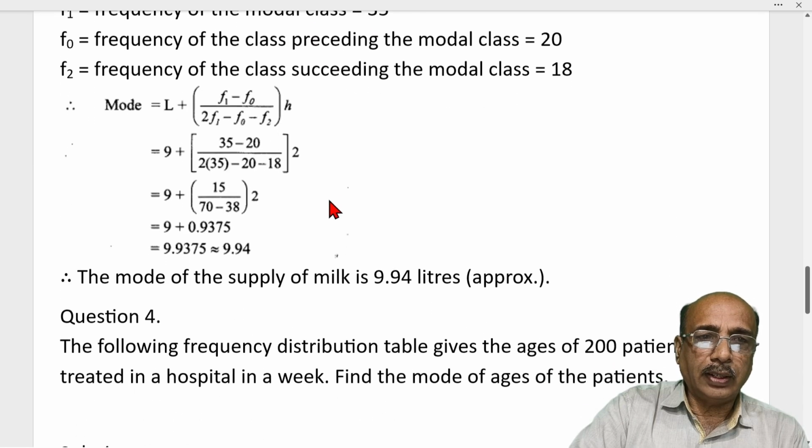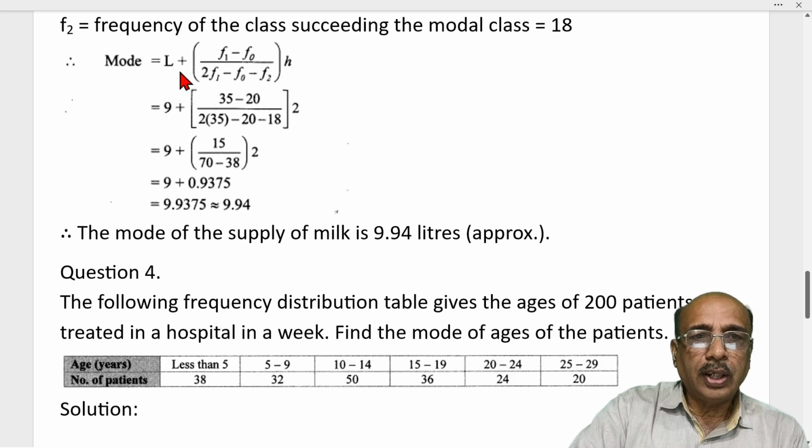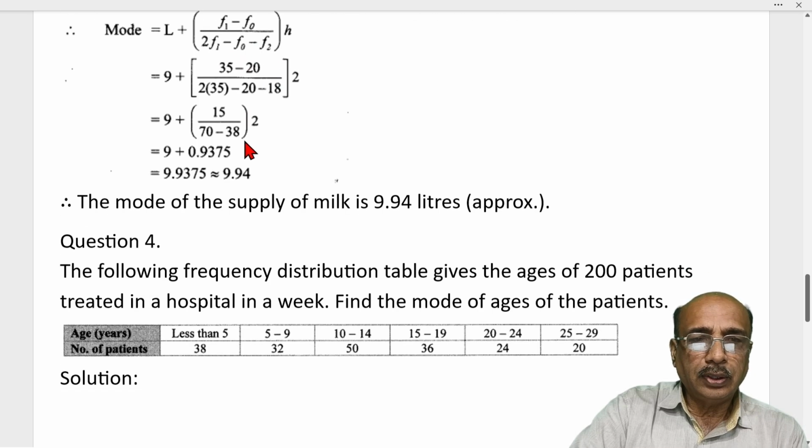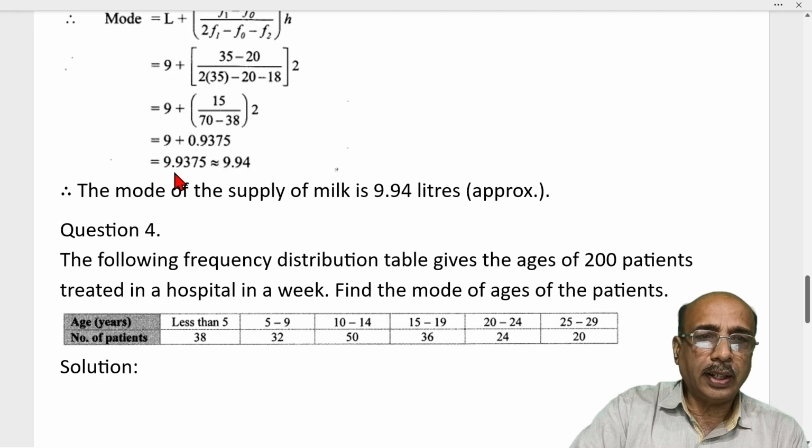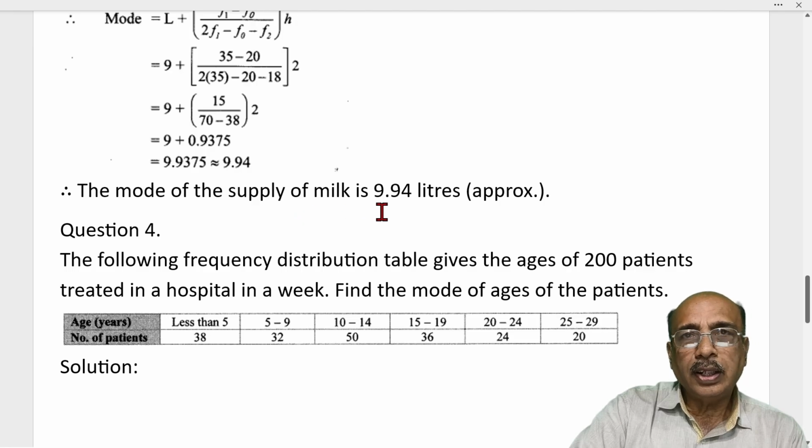Substitute the values again in the formula: mode equals L plus F1 minus F0 upon twice F1 minus F0 minus F2, into H. You get mode equals 9.9375, approximately 9.94. The mode of supply of milk is approximately 9.94 liters.